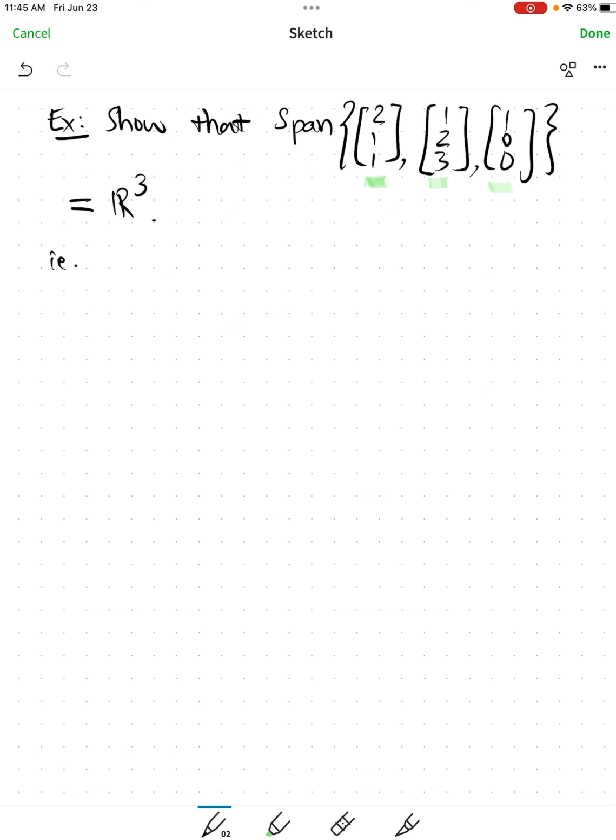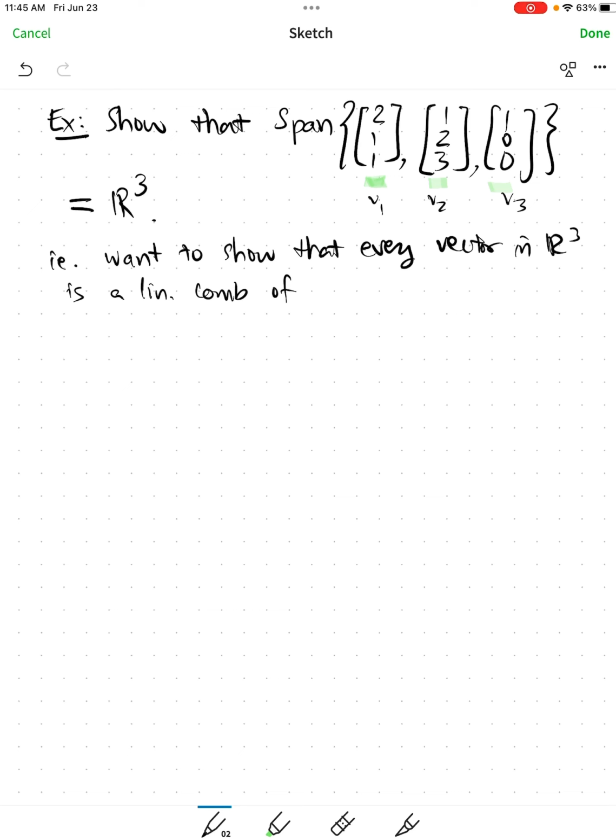We need to show that every vector in R3, let's call these vectors v1, v2, and v3, is a linear combination of these three vectors, v1, v2, and v3.